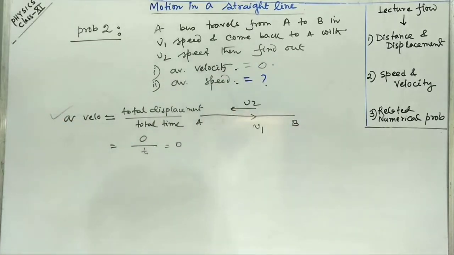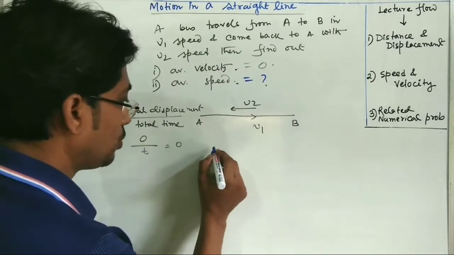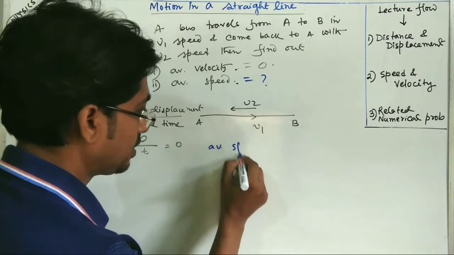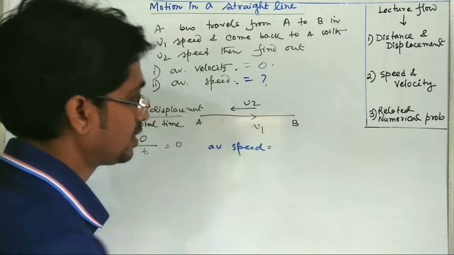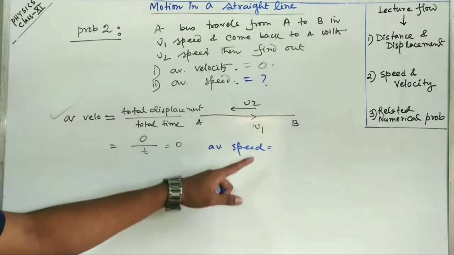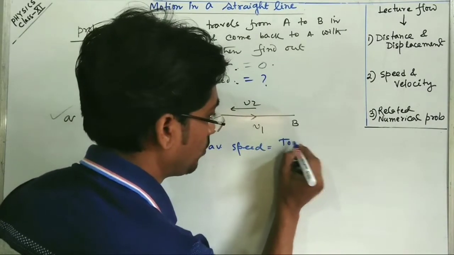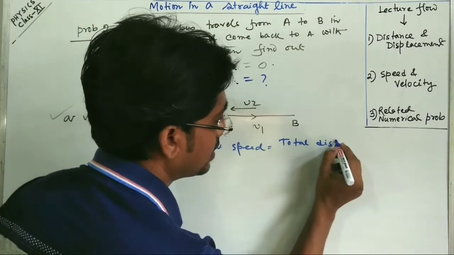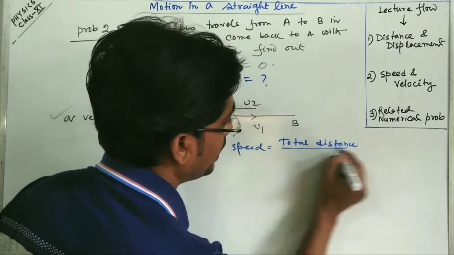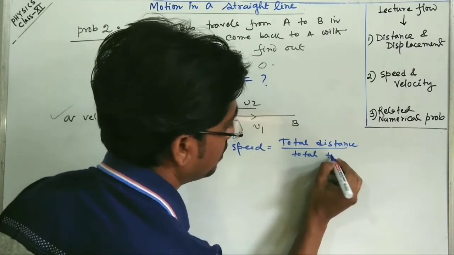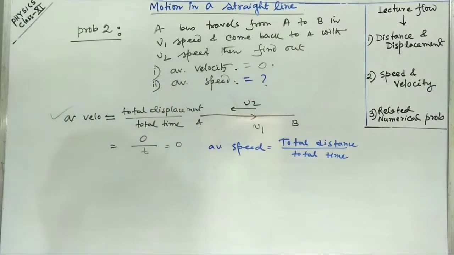So what will be the average speed? Average speed will be total distance by total time.